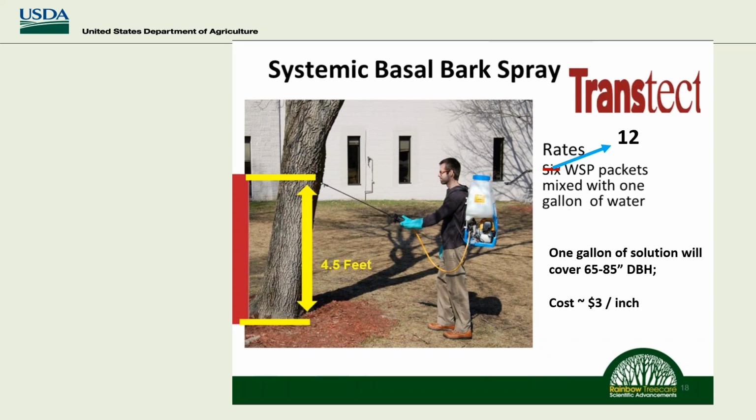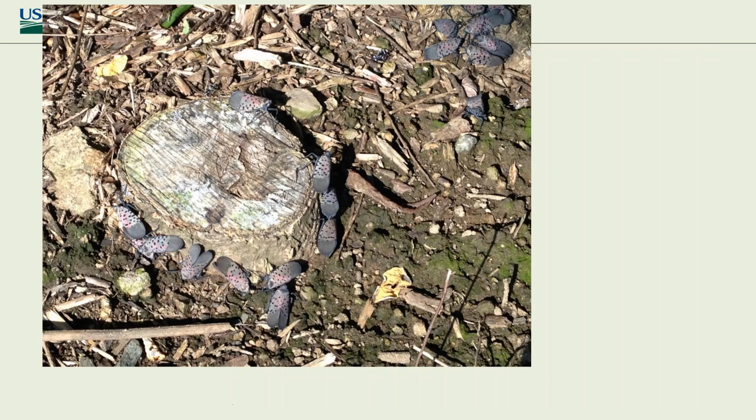We're using the high rate that's on the label. It's 12 packets per gallon. And based on how much you can treat of a gallon, the cost using that rate is about $3 per diameter inch of tree, which is quite expensive considering many other products are just going to be pennies per gallon that will cost you for the product.